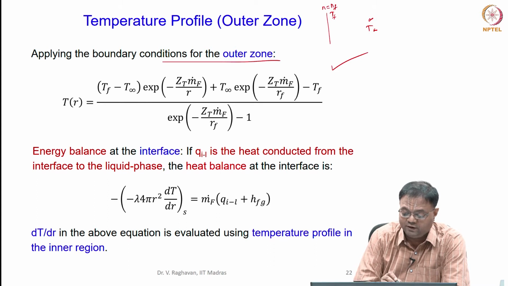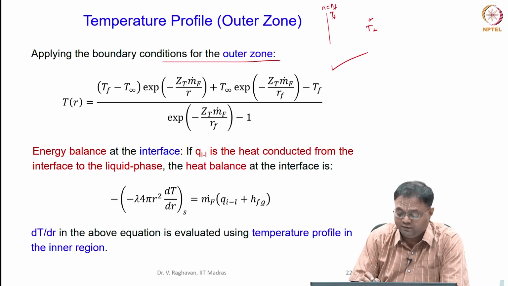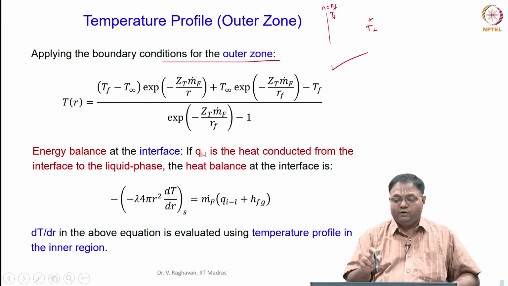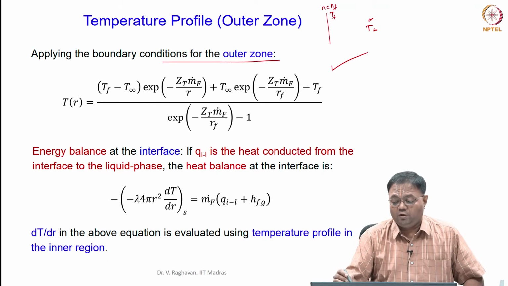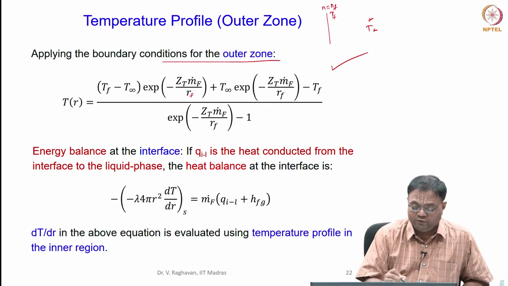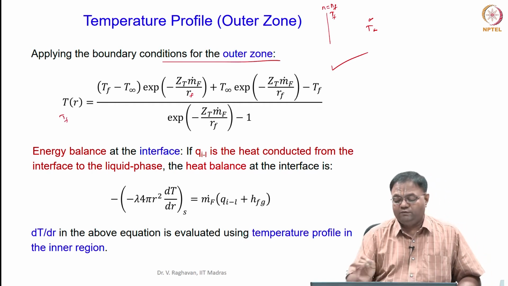So Tf minus T infinity plus T infinity into, so Tf cancels basically, T infinity into exponent of this divided by this. So T infinity into 1 minus this will come. The exponent terms will cancel, the minus 1 will cancel, and we get T infinity. If you substitute R equal to Rf here, you will get Tf on the left hand side. You can see whether you get it, you will get it.